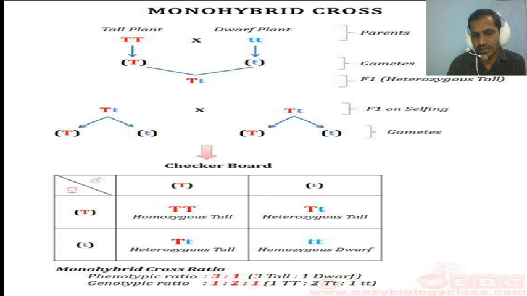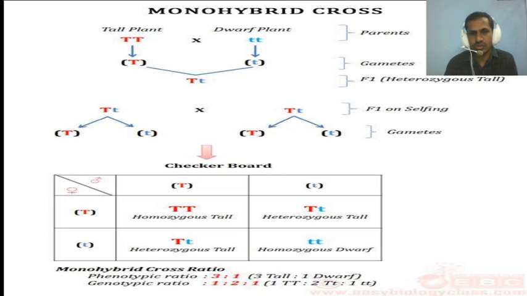So capital T and small t, capital T and small t. Whenever we write gene characters, we have to write the dominant one first, capital T, and the recessive one second, small t. Crossing gives capital T capital T, heterozygous tall capital T small t, again capital T small t, and small t small t.